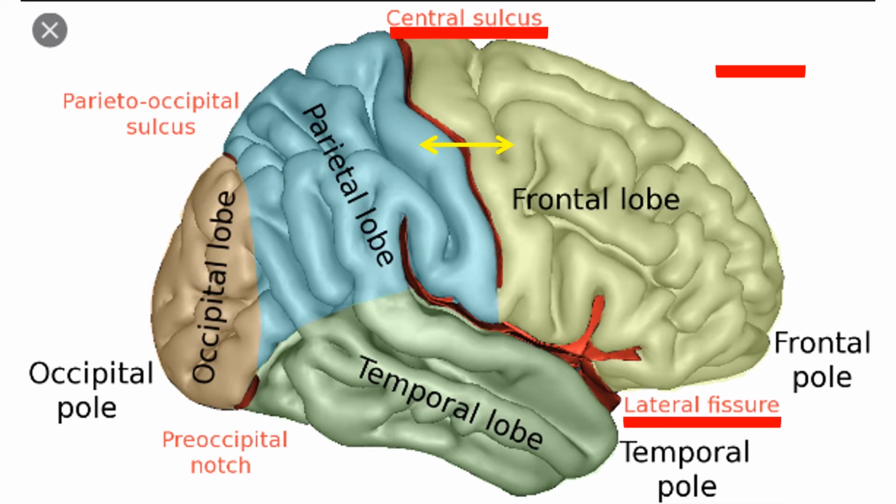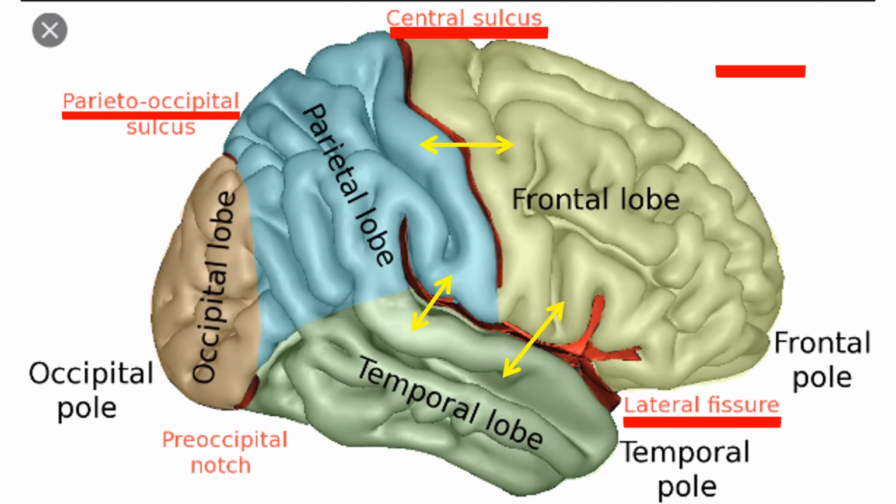And then we have the lateral sulcus, or the lateral fissure, and this separates the temporal lobe, which is covered by the temporal bone, from the frontal lobe of the brain, and it separates it from the parietal lobe as well.